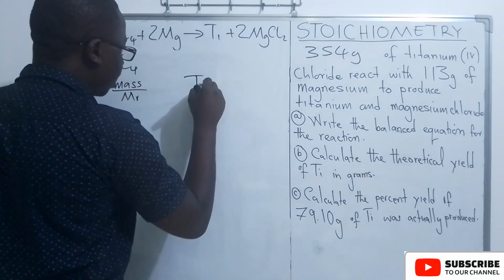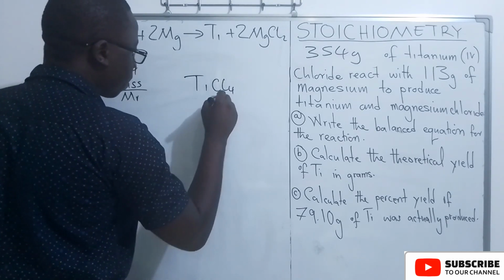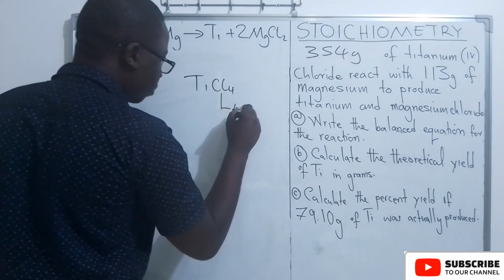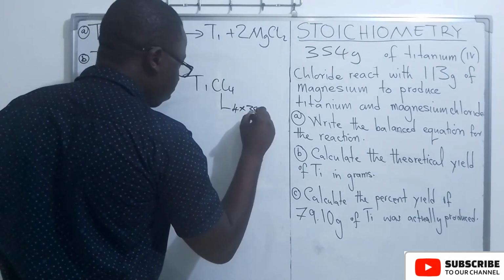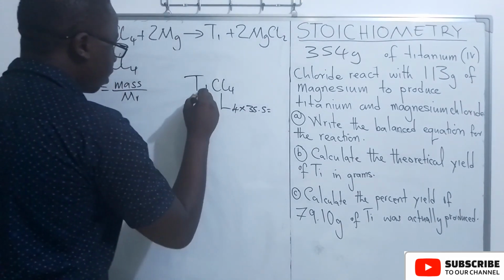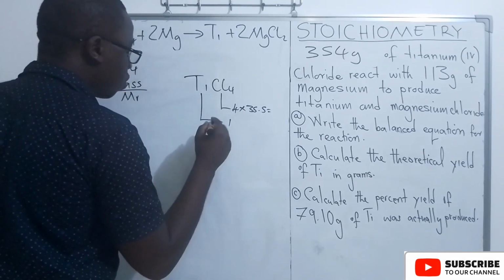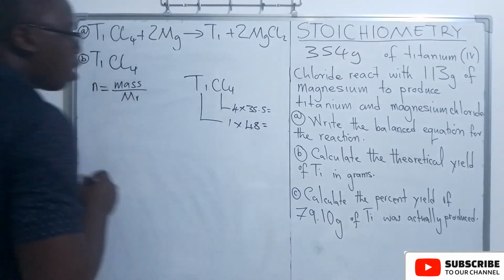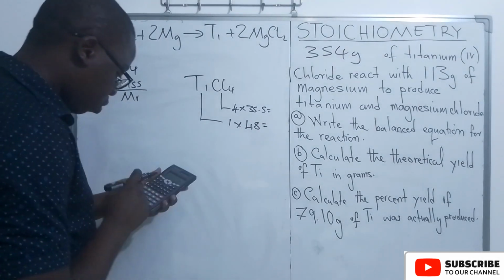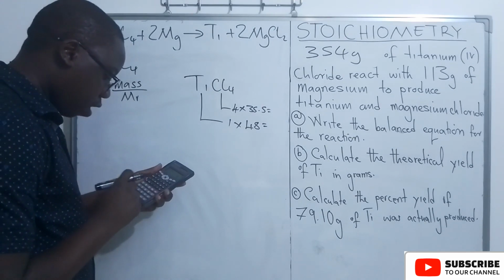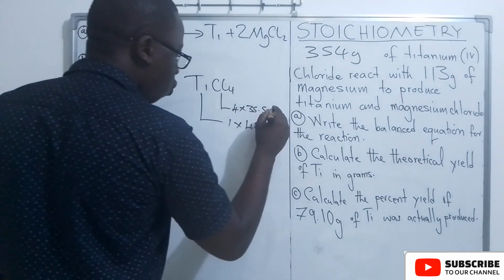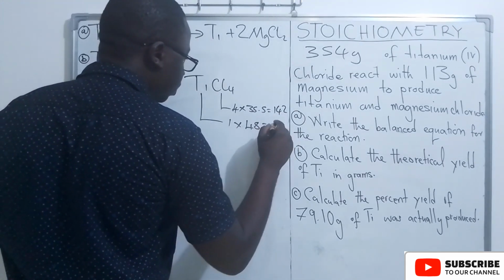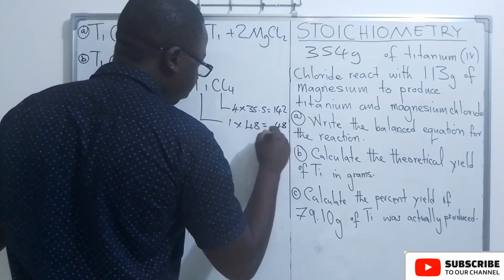So for TiCl4, we have 4 atoms of chlorine, at 35.5, and 1 atom of titanium, multiplied by 48. These are the relative atomic masses. So 4 multiplied by 35.5 gives us 142, and 1 multiplied by 48 gives us 48.